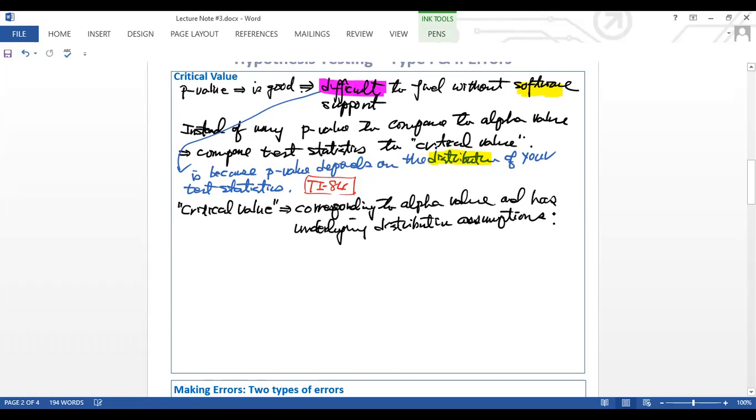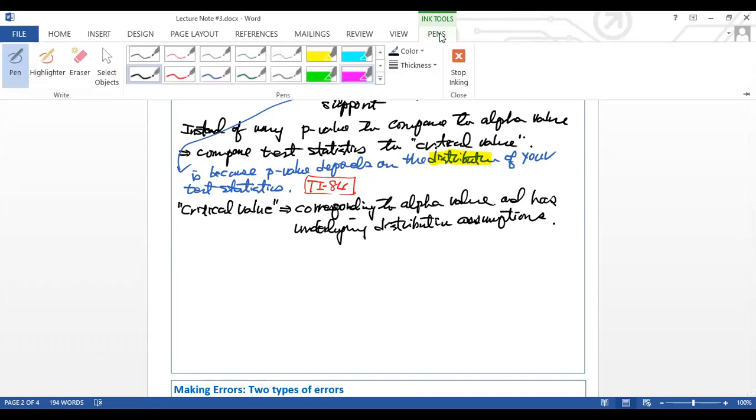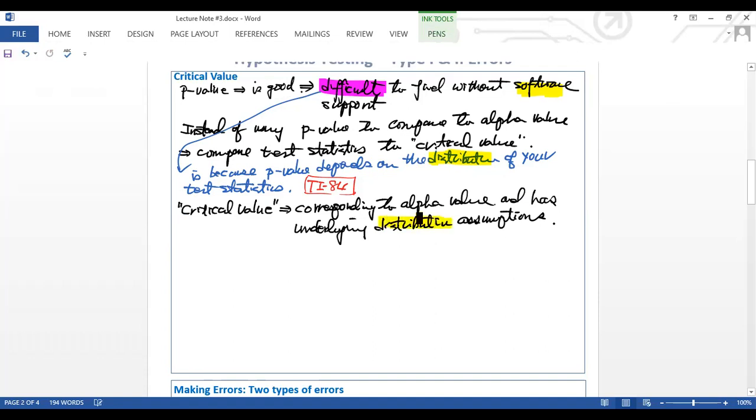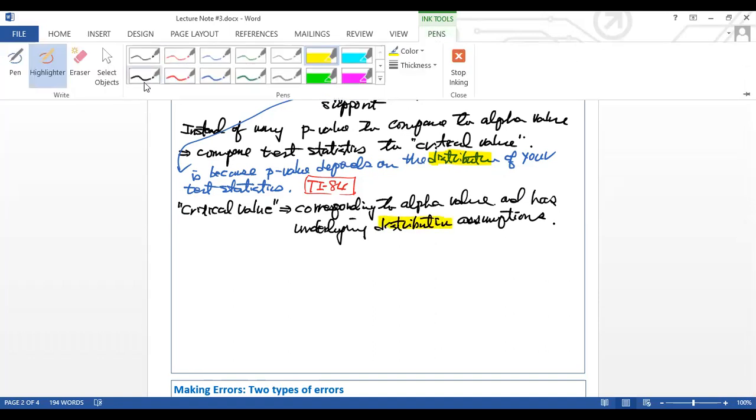So it depends on what your distribution is. That's the part that is difficult, this distribution assumption. For different distributions, your critical values will be different.